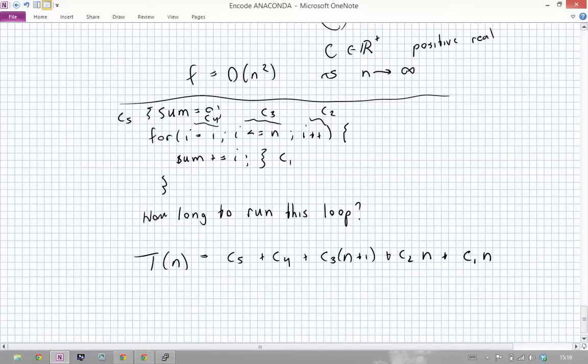All right, so we have a bunch of stuff here. Some of it depends on n, some of it doesn't. What I'm going to do is lump some things together. I'm going to take all the stuff that depends on n and lump it together under one big constant, say c, and all the stuff that doesn't depend on n and lump it together under a constant, say d.